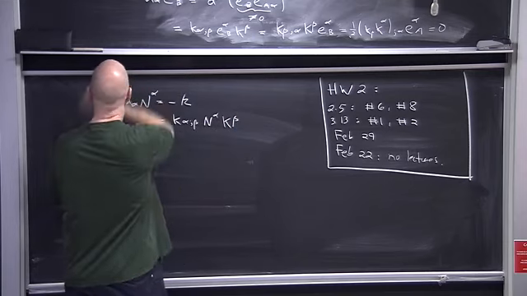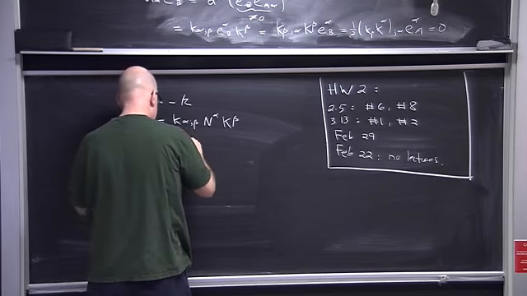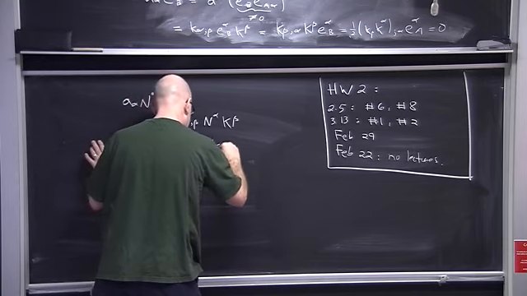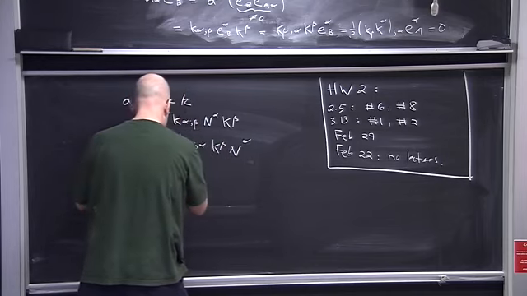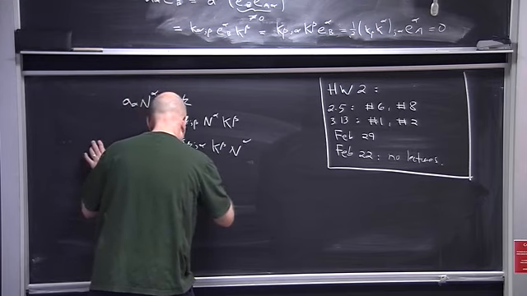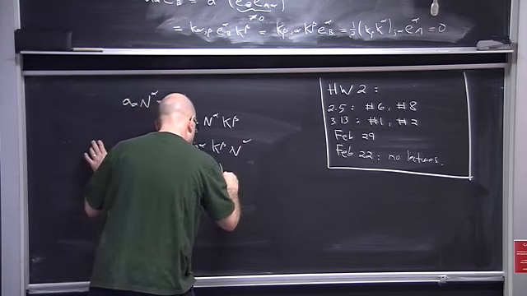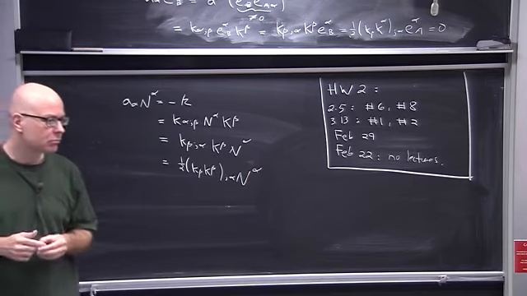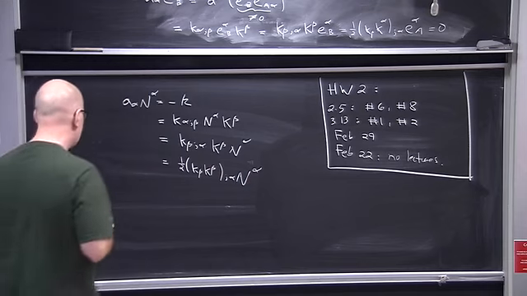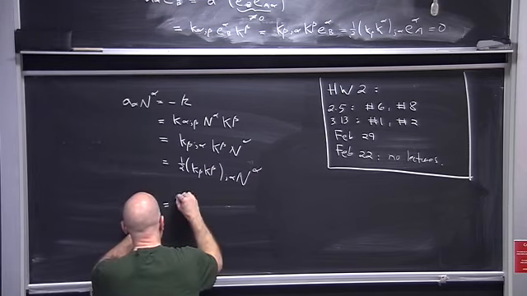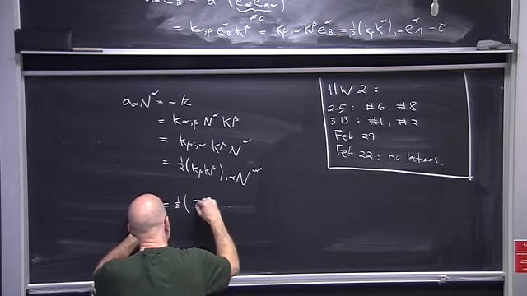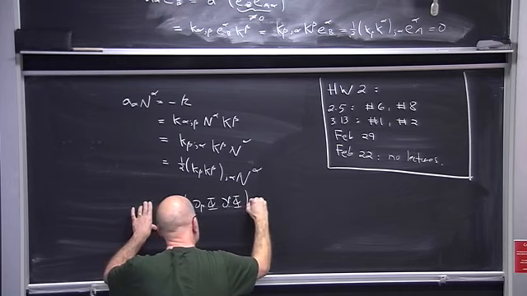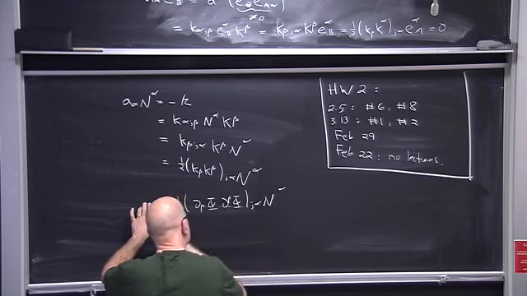I can play the same trick I used before. This is k beta differentiated with respect to alpha, k beta, and alpha. This is the same thing as 1/2 k beta differentiated in the direction of n alpha. And if I want to be even more precise, I have that.